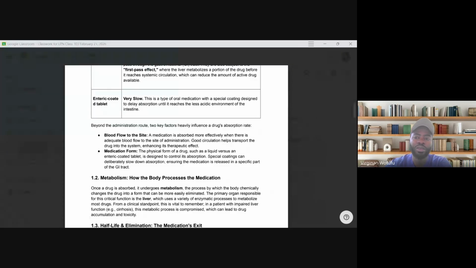The faster a medication gets into the bloodstream, the faster it exerts its effect. Another factor is the medication form. Like we said earlier, enteric coated medications are designed to slow absorption until they reach a less acidic environment like the intestines, right?